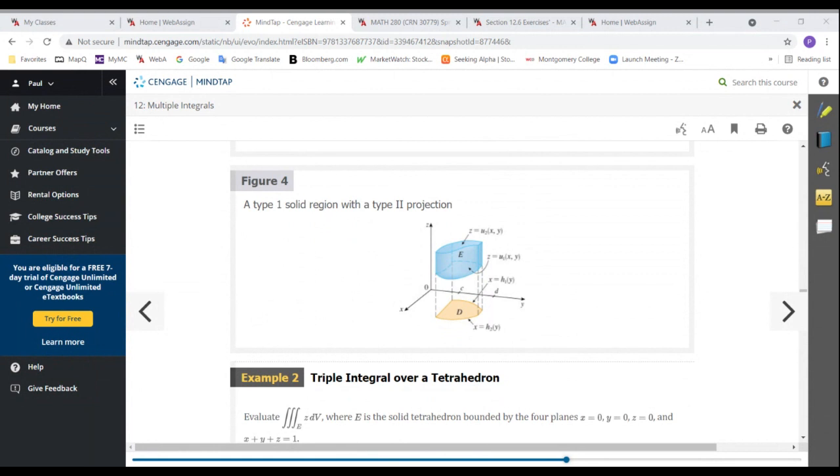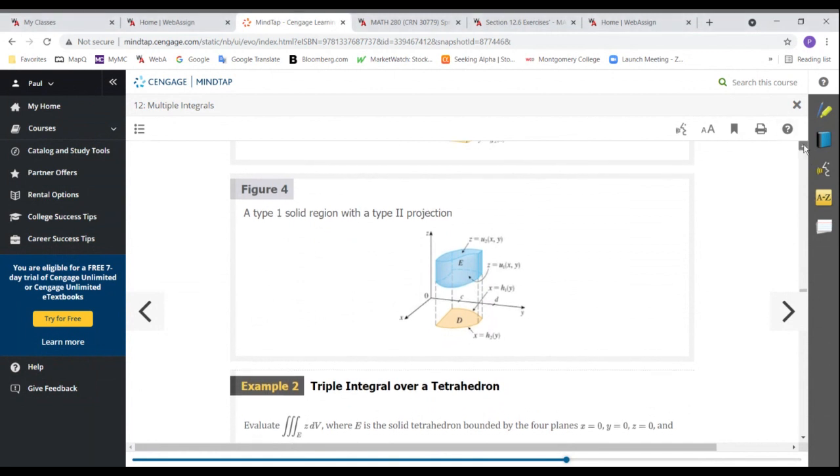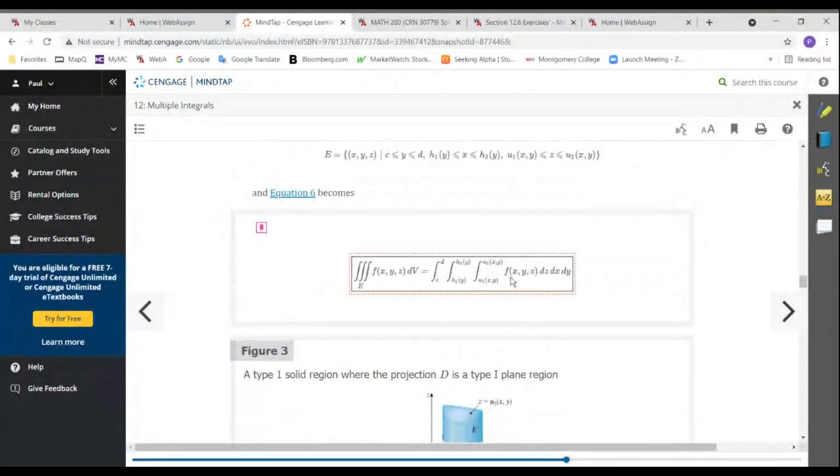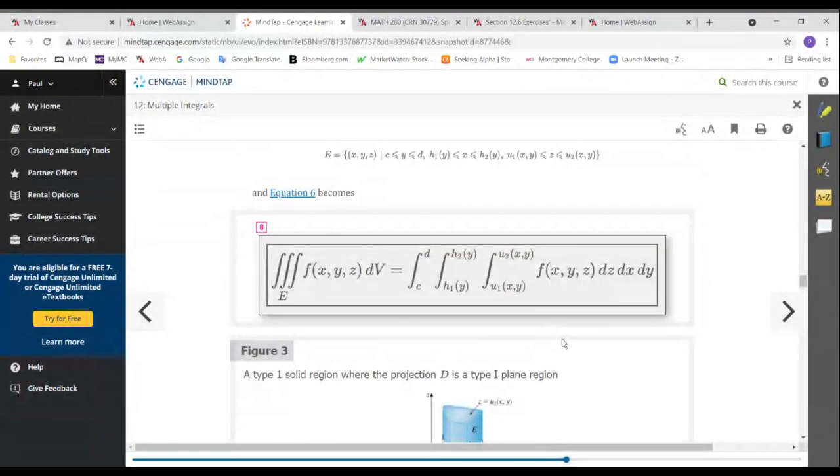You could have that situation, and if you have that situation, then this would be your integral. So dz would be the same limits, but instead of dy dx, you have dx dy.